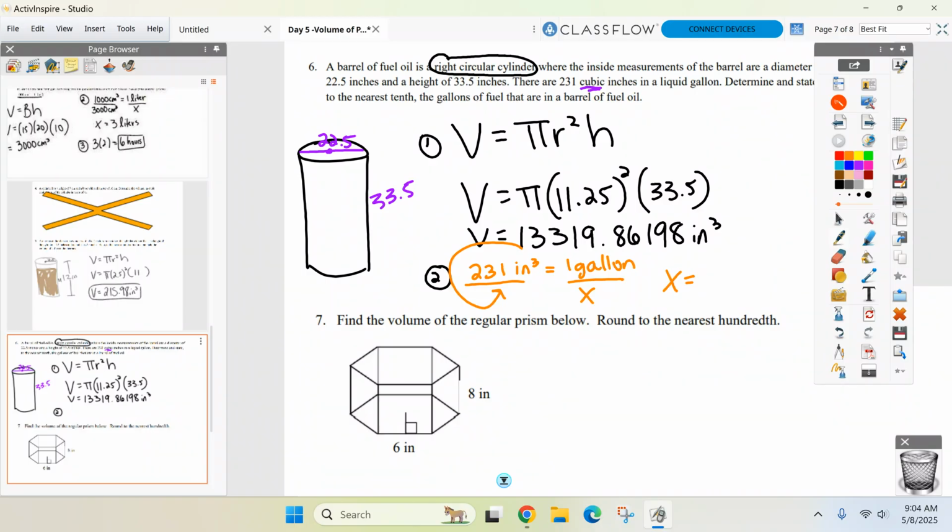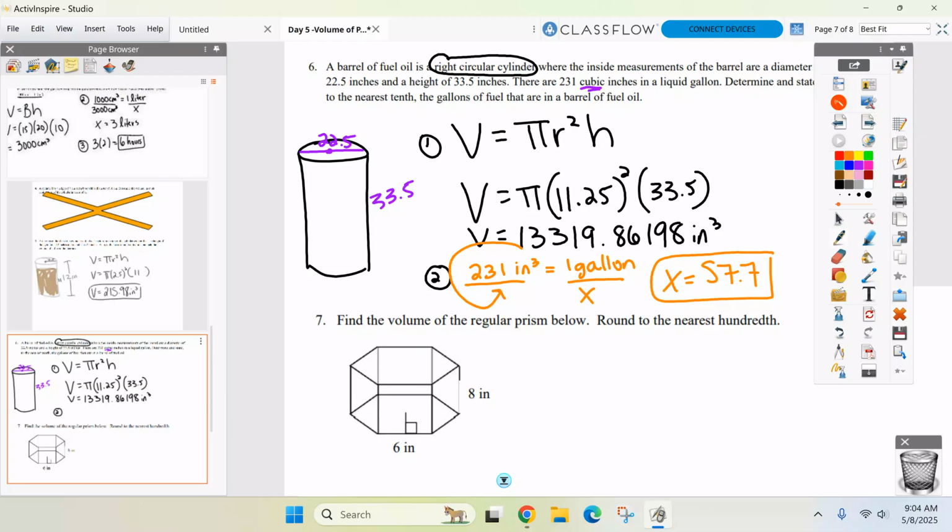And dividing it by 231. This is a good rounding rule here to make sure you use the entire decimal here. Still getting 57.8 or 9? 57.7. There it is. Yep. Every number matters there in the volume.